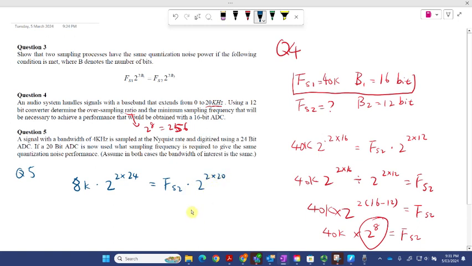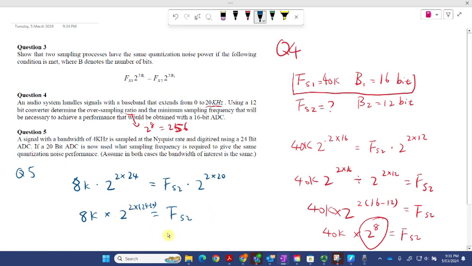So this one equals a division: 8k multiplied by 2 to the order of 2 times (24 minus 20). Again, 4 times 2 is 8, 2 to the order of 8 is 256.